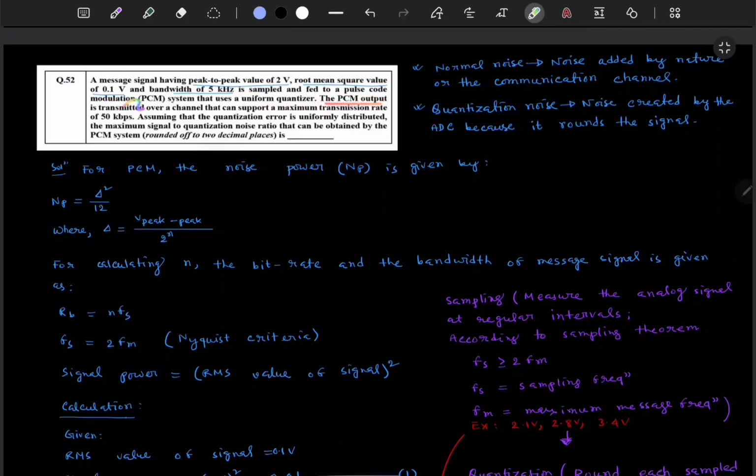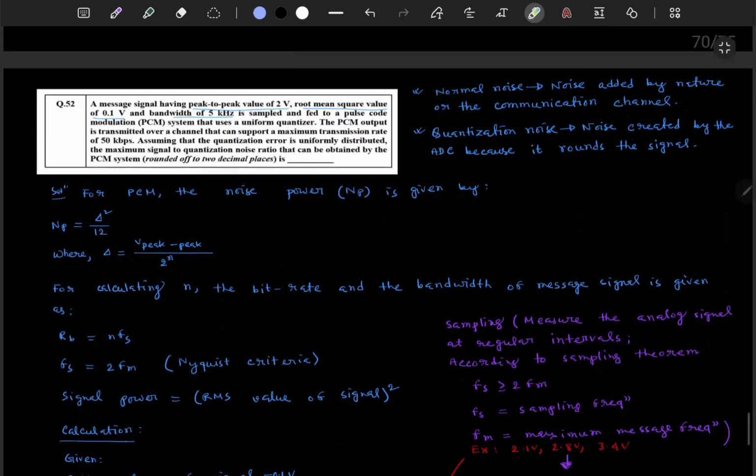The PCM output is transmitted over a channel that can support a maximum transmission rate of 50 kilobits per second. Assuming that the quantization error is uniformly distributed, find the maximum signal to quantization noise ratio that can be obtained by the PCM system. I think we have read the question.